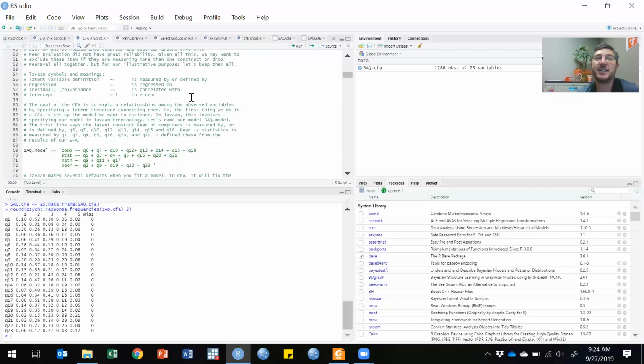That means that our latent variable is measured by or being defined by these observed or manifest variables. You use the little tilde symbol for, say, y is regressed on x. You would use two tildes to establish a correlation or a covariance between two variables, and you'd use a tilde and a 1 to represent an intercept.